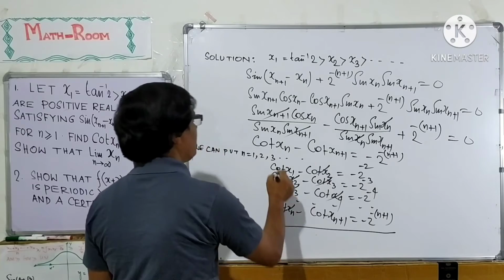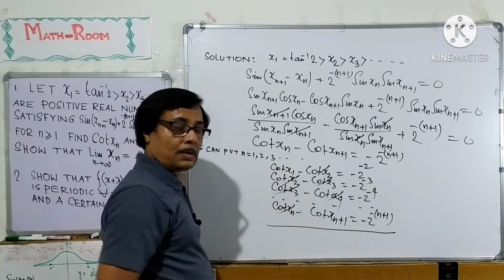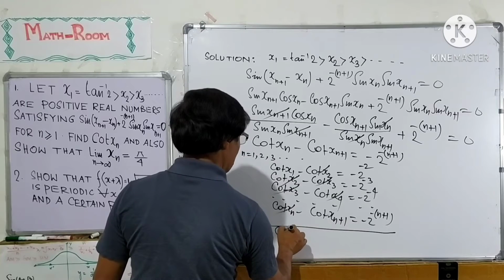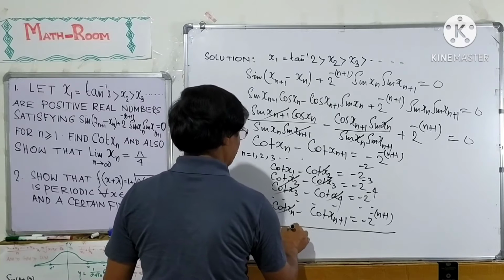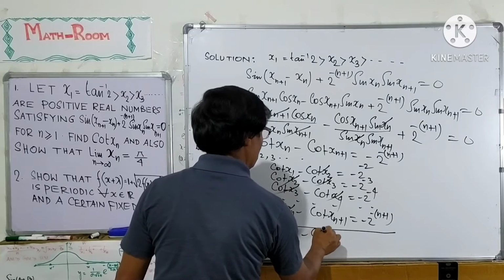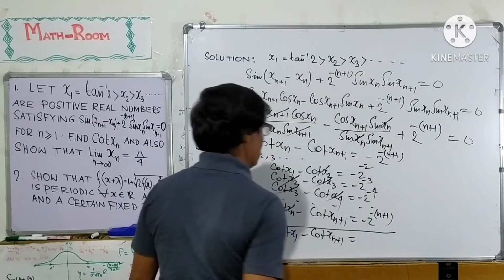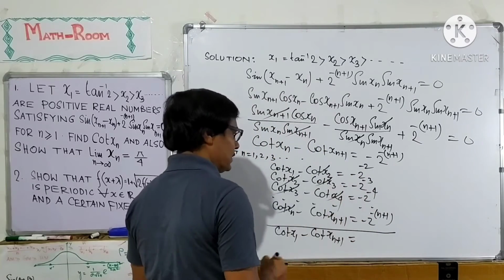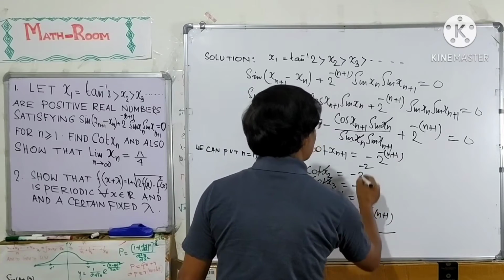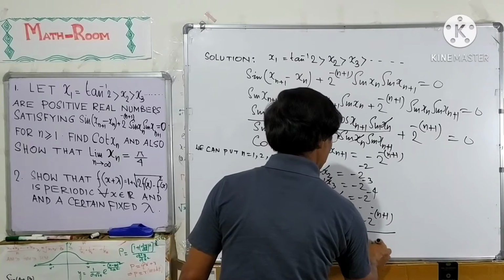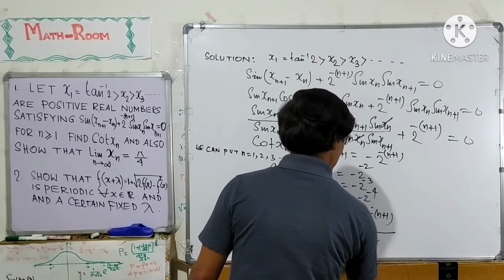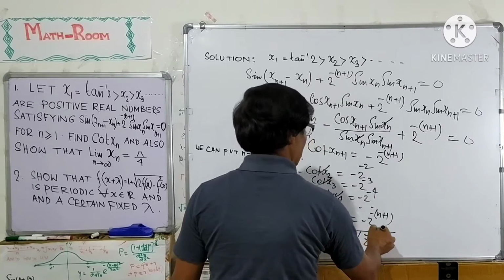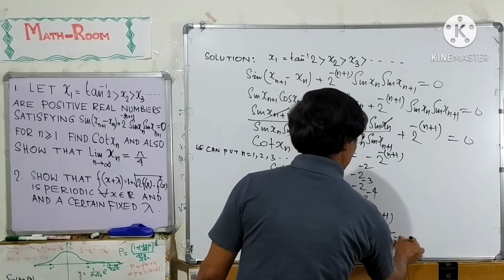Ultimately, only two terms remain, one is cot x1 and the other is minus cot x_{n+1}. So cot x1 minus cot x_{n+1} equal to, we have got the right hand side as a series, which is minus 2 to the power minus 2, minus 2 to the power minus 3, minus 2 to the power minus 4 and so on.